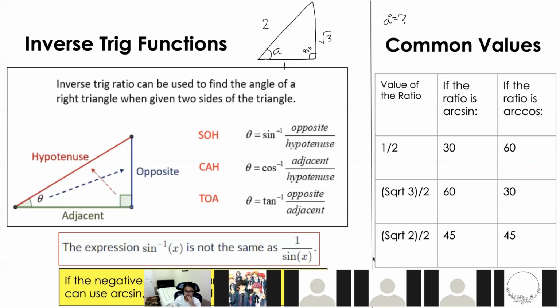Well, sine of A would be root 3 over 2. But we need the degree measure of A. Like, what is A?